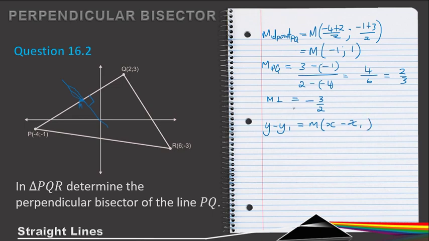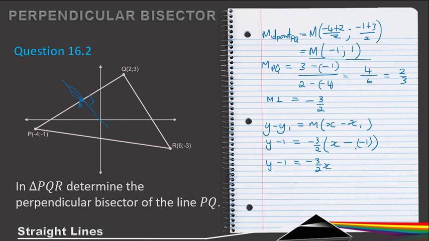Substituting in our point, our y value is just 1, so y minus 1 equals my gradient, negative 3 over 2, times x minus my x value, which is negative 1. And simplify. y minus 1 equals, let's multiply this negative 3 over 2 in, negative 3 over 2 x.